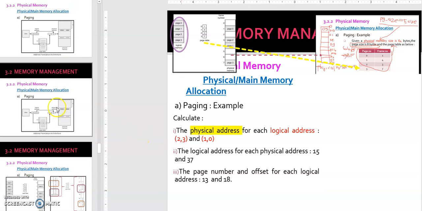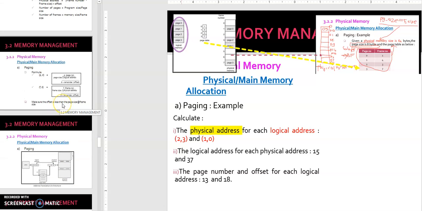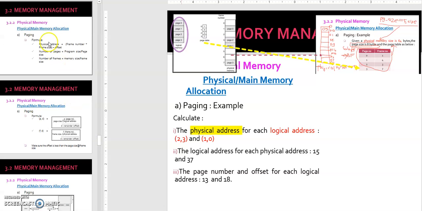Here we go, can you see the offset address? So the question says get the physical address from each logical address. The formula says frame number multiplied by frame size plus offset. You get the physical address.